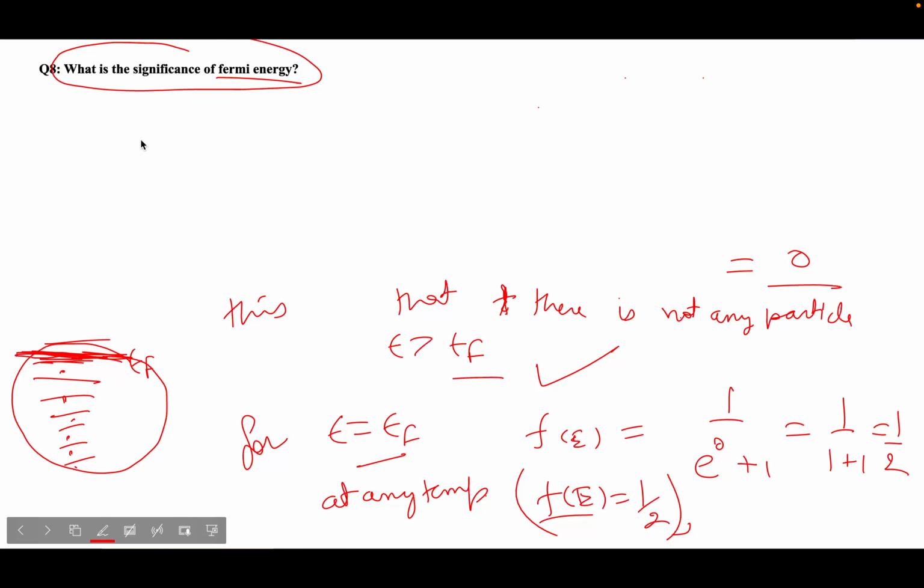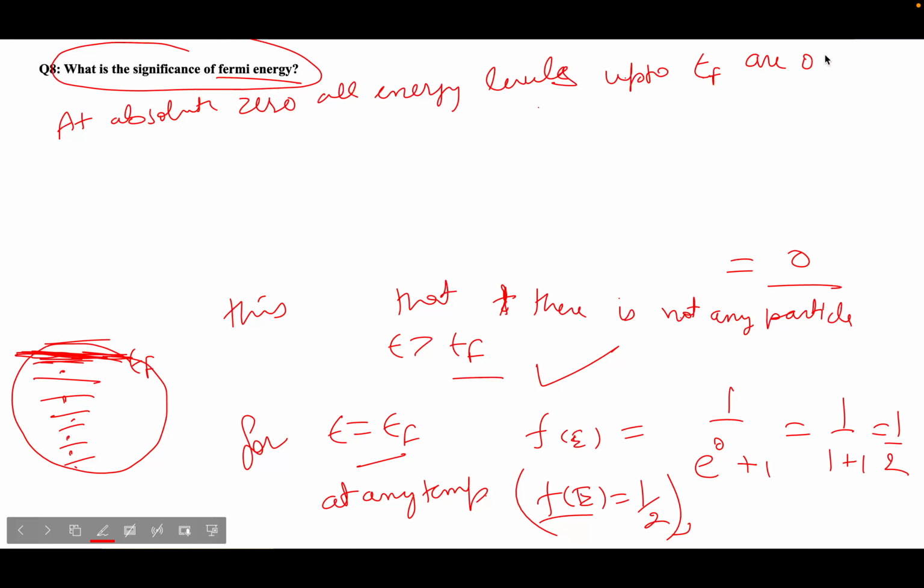So what we have concluded: at absolute zero, all energy levels up to the Fermi level are occupied and none above. So this is what we have concluded.